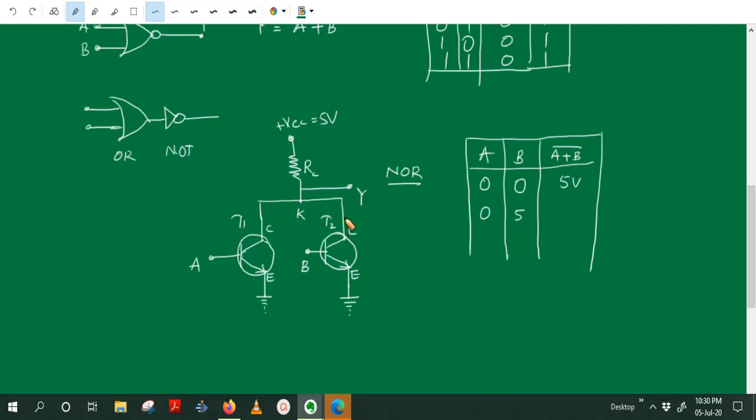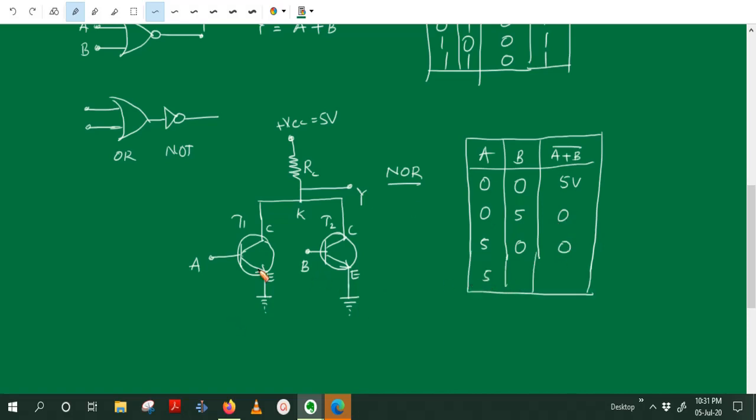Due to that, the output Y is 0. The next combination is A 5 volt and B 0 volt. The transistor T1 conducts, that means T1 is in on state while T2 is in off state. So anyhow the current flows through, and the voltage at Y is 0.